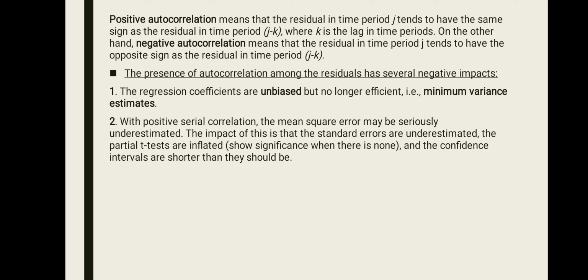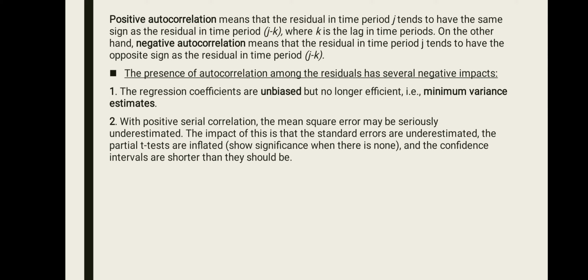The presence of autocorrelation among the residuals has several negative impacts. First, the regression coefficients are unbiased but no longer efficient, that is, minimum variance estimates. Second, with positive serial correlation, the mean square error may be seriously underestimated.